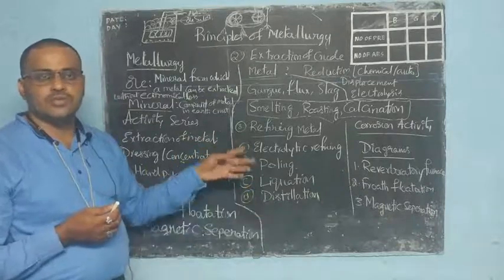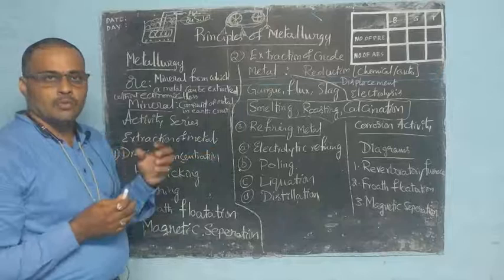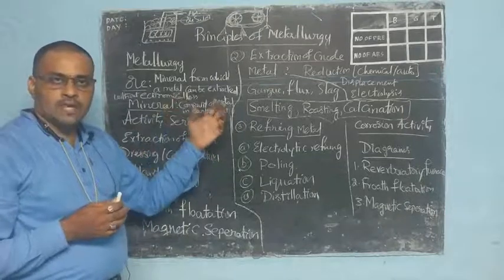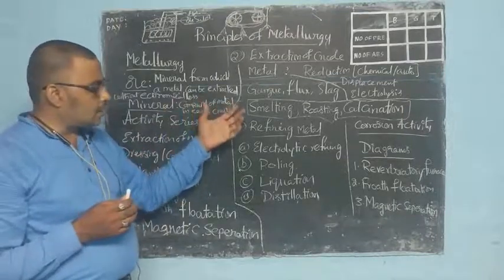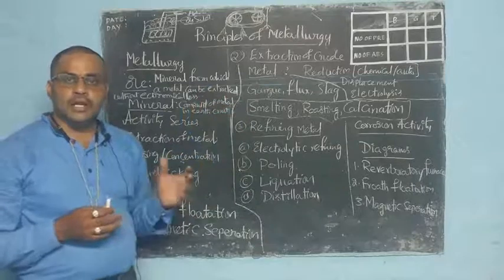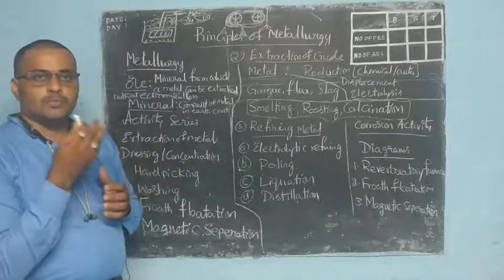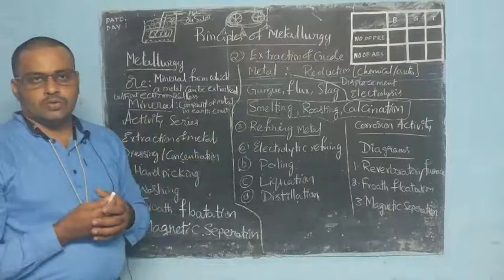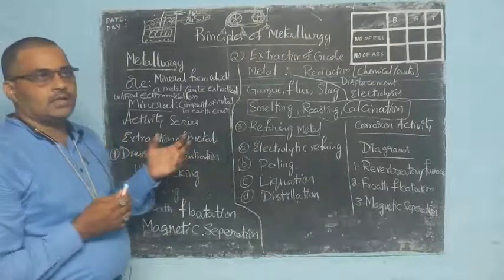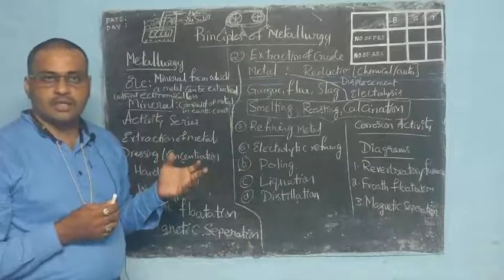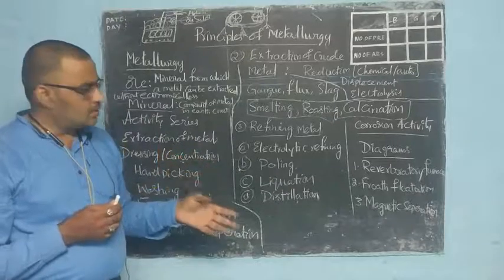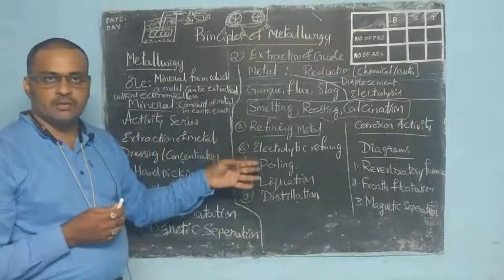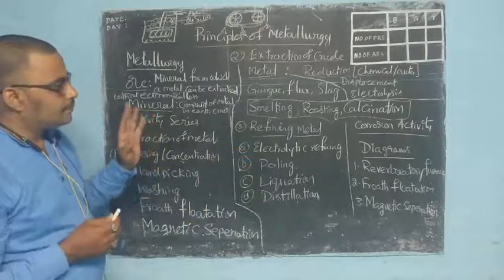These are the processes we use to remove the impurities present, and the pure form of the metal will be extracted. We can say that 99.9% pure metal will come to us if we do this refining of the metal also.